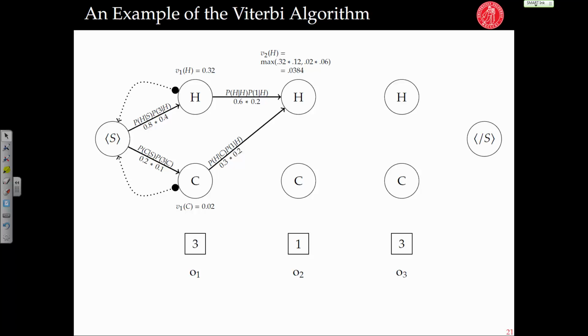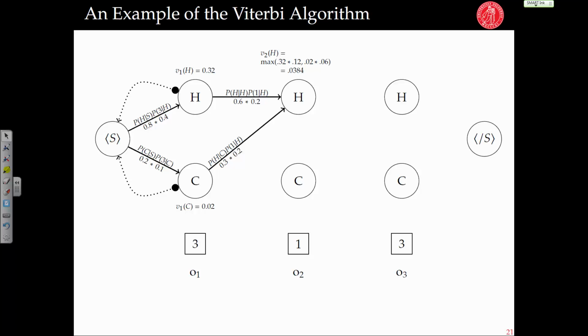And we multiply that by the maximum probability of having been in H. So these are the three terms that I asked you to remember. The first one is the maximum probability of, what we refer to as V i minus 1 of K, the maximum probability of being in state K at time point i minus 1. In our example here, that would be V1H.